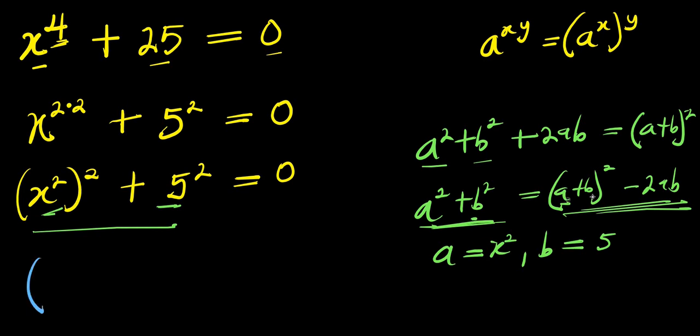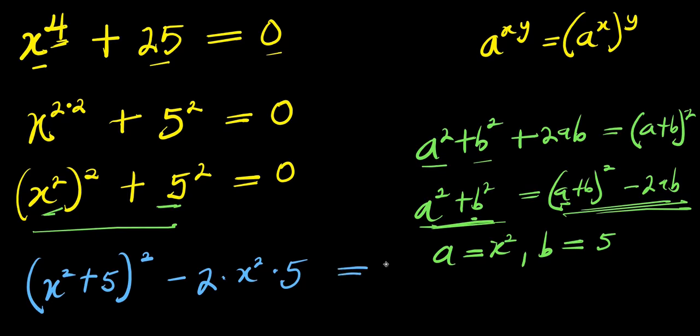this is a plus b, that is x squared plus 5 raised to the power of 2 minus 2 times x squared times 5, and this equals 0.